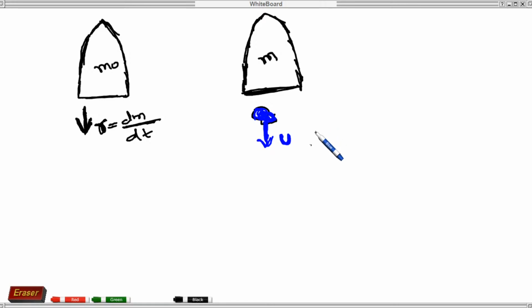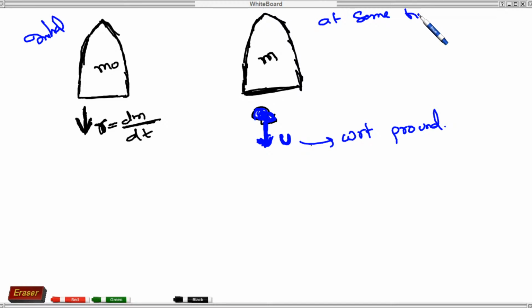This is relative to ground, or with respect to ground. So suppose this is the initial part and this is at some time t. This much came out.